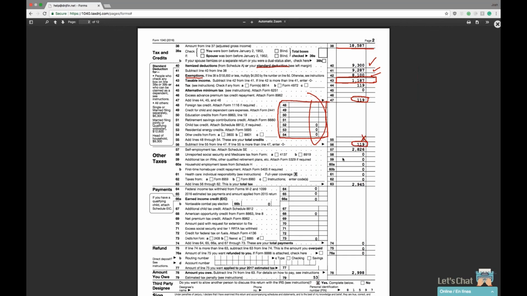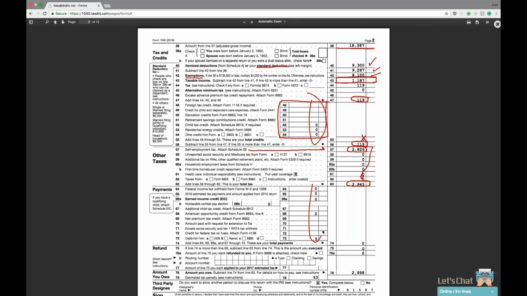Those are personal taxes. But since you are also self-employed, you have self-employment tax. And because of your income, your self-employment tax is $2,826. All right. When we add those up, you have $2,945. When you add those up down here, that's how much money you owe.